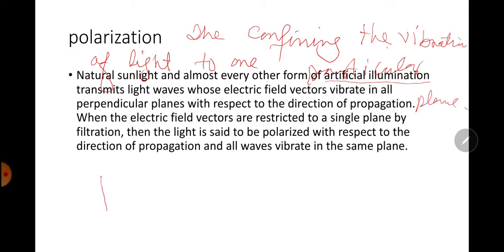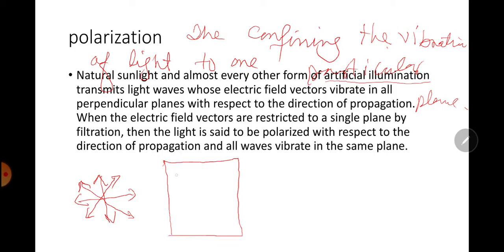For example, this is vertical vibration, this is horizontal vibration, this is at a certain angle, this is at another angle. So ordinary sunlight has all planes of vibration. When it is passed through a polarized lens or glass, the polarized glass will block all types of vibration.